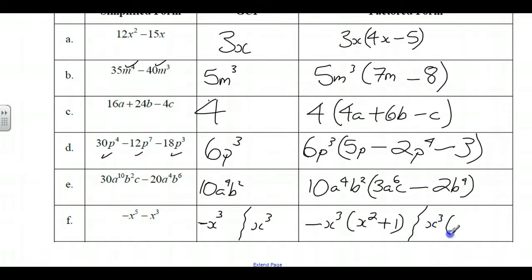X cubed times negative x squared minus 1. I would prefer if both terms in the brackets were negative that it just come out. In either case, multiply, we get negative x to the 5th minus x cubed, which is what we want. And here you'll notice no common factors inside the brackets, so fini.